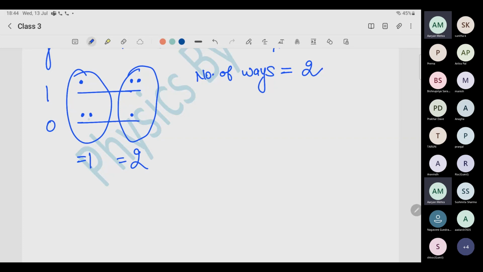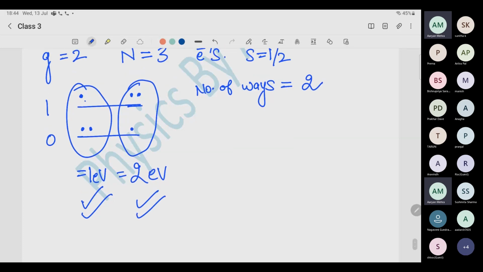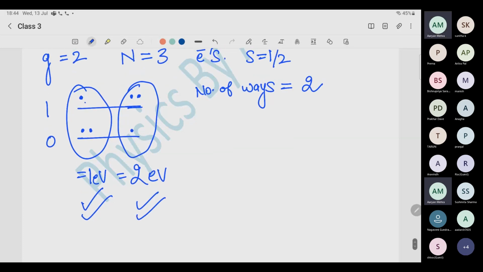Why? Two particles are in the 0 energy state, so energy is 0. One particle is in the first energy level, meaning energy 1 electron volt. So the total energy is 1 electron volt. In the other situation, 2 electrons are in energy 1, so there are 2 electron volts of energy. So this is your ground state, and this is your first excited state. This is how you do the questions for electrons or protons.